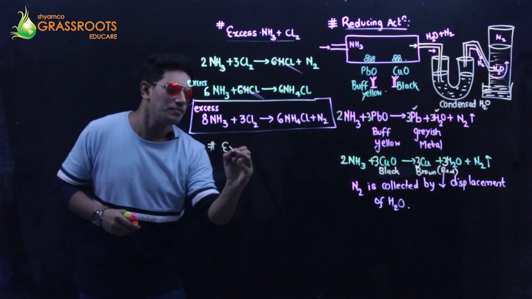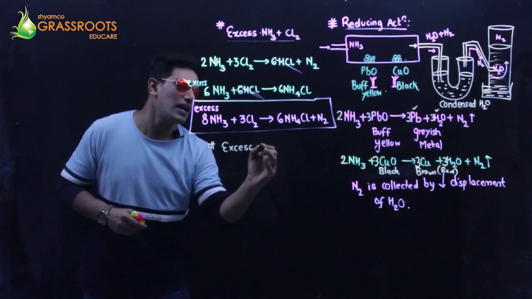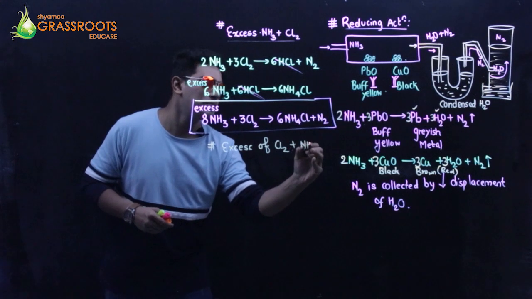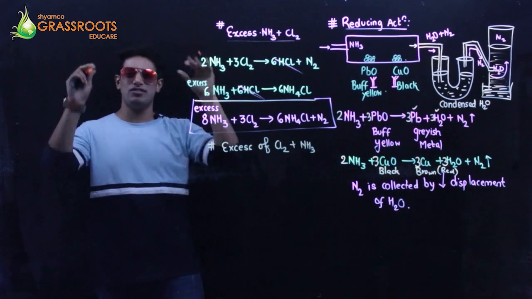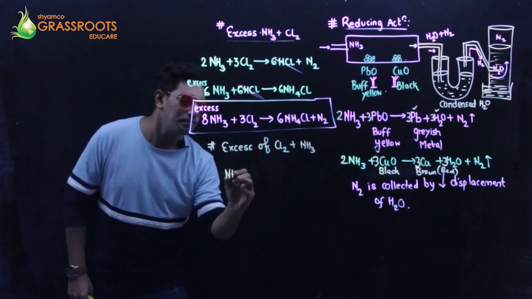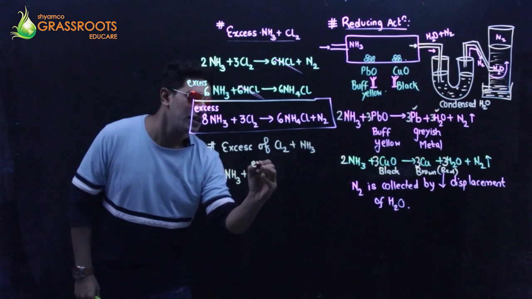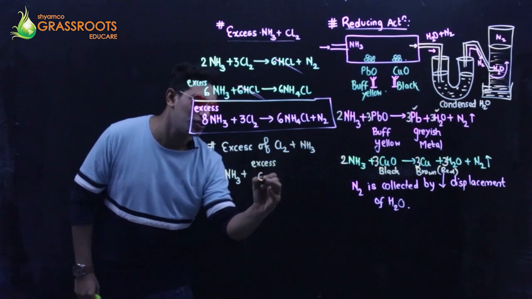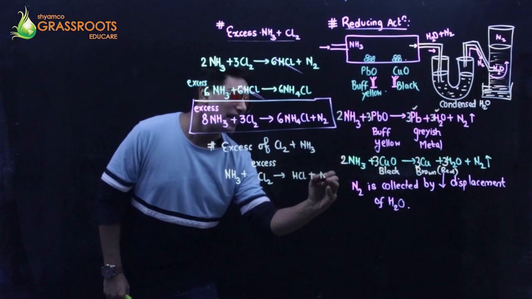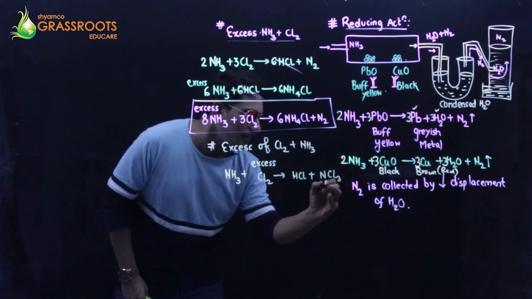Excess of chlorine plus ammonia. That's a simple one-step reaction. That's not difficult at all. So you have ammonia plus excess chlorine, please write down here, mentioning, it forms HCl plus NCl3.